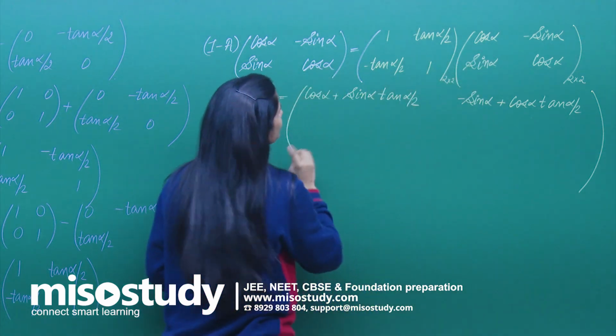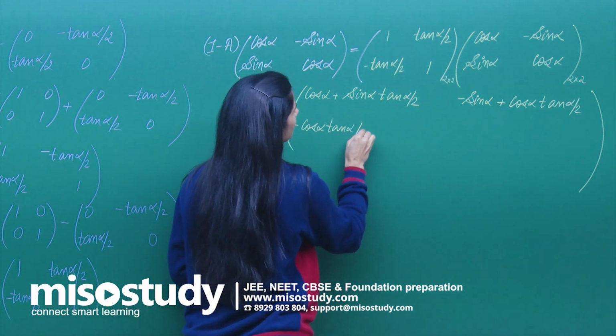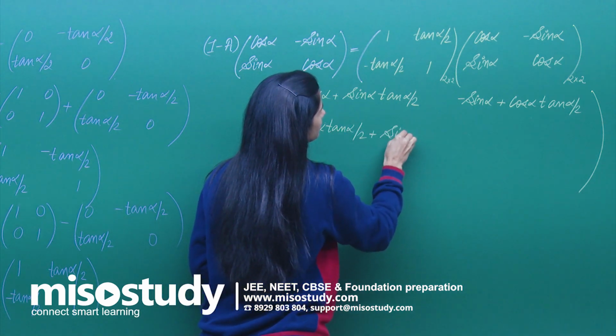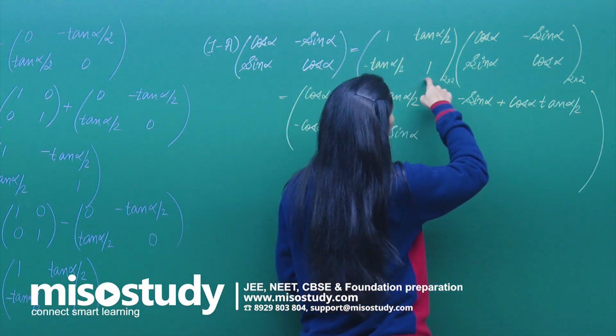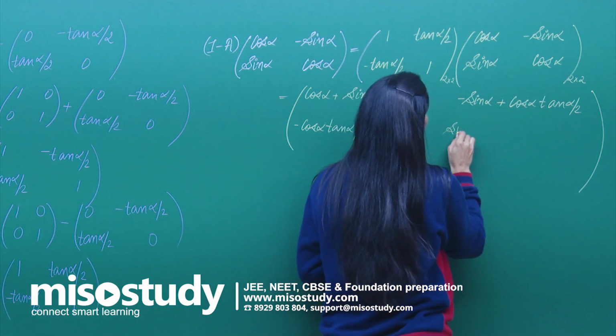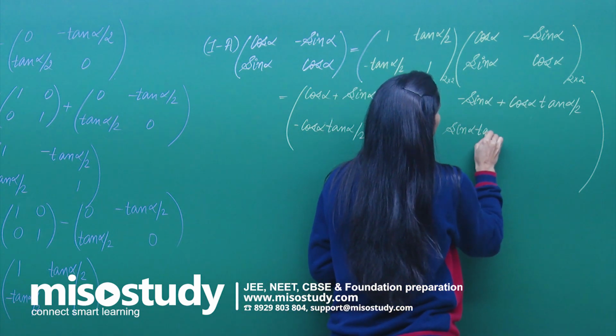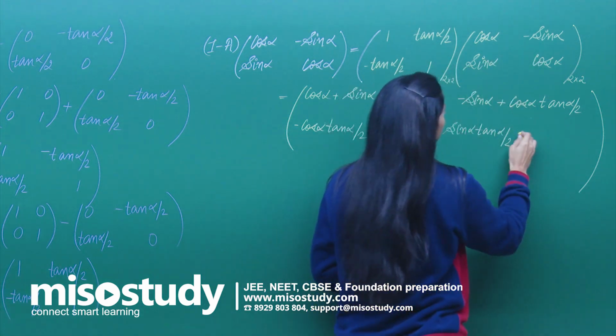So you get minus cos alpha tan alpha by 2 plus sin alpha. Fine, basic, I am just multiplying the matrices, and the 2 2th entry when the second row here gets multiplied with the second column. So you get sin alpha tan alpha by 2, this into this, plus cos alpha.